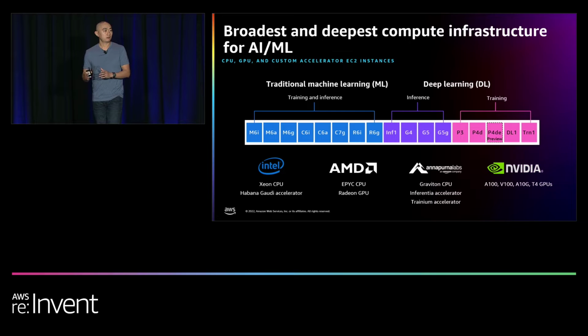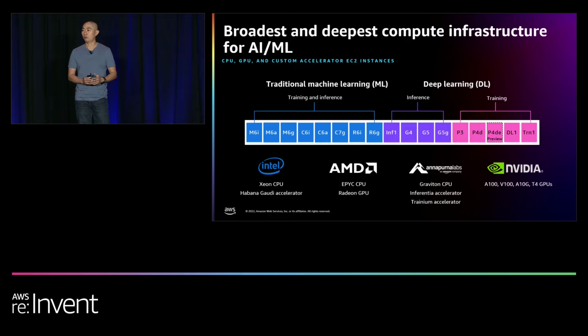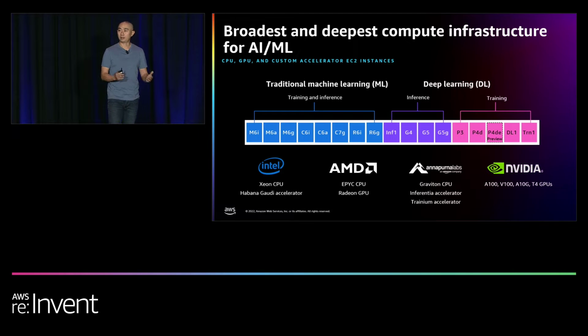On the other side of the spectrum, if you're building very large, for example, language models for training purposes, then you should consider the P-family instances powered by the latest and greatest NVIDIA GPUs, A100 and H100. Also, the DL1 instance powered by Habana Labs Gaudi chips. And of course, the TRN1 instance powered by our own AWS Trainium chips.